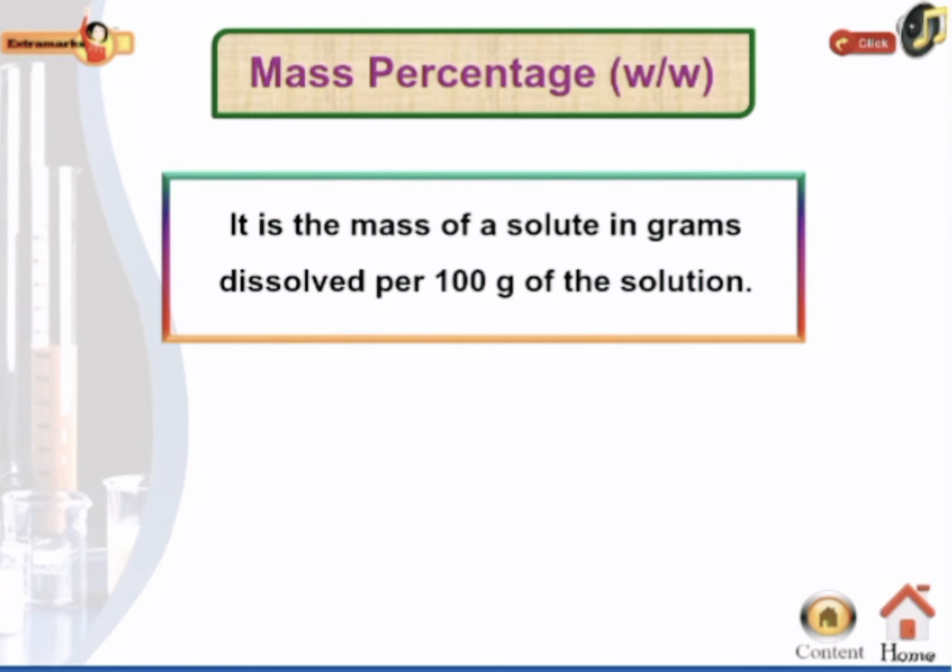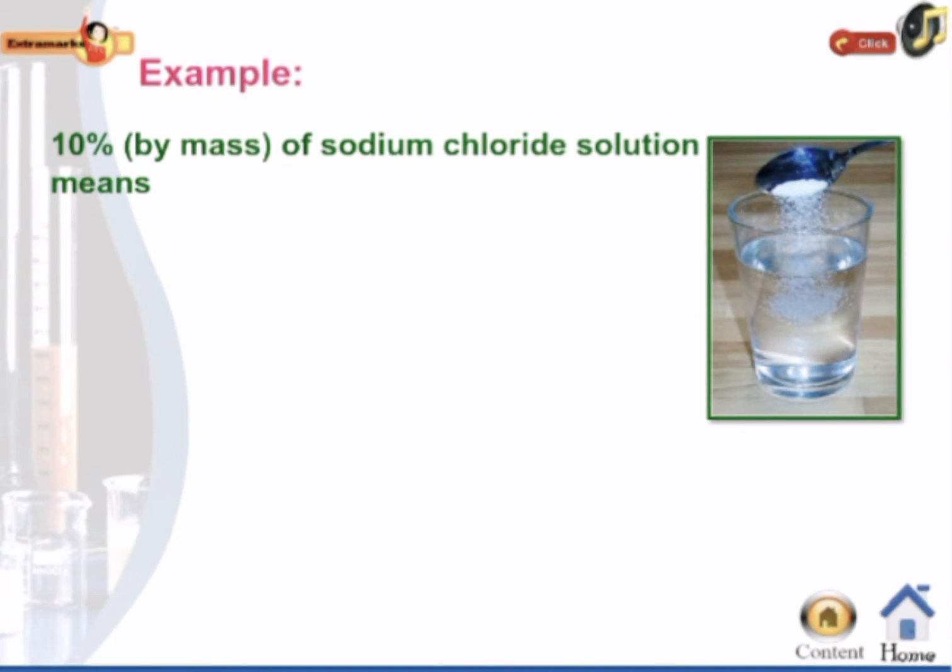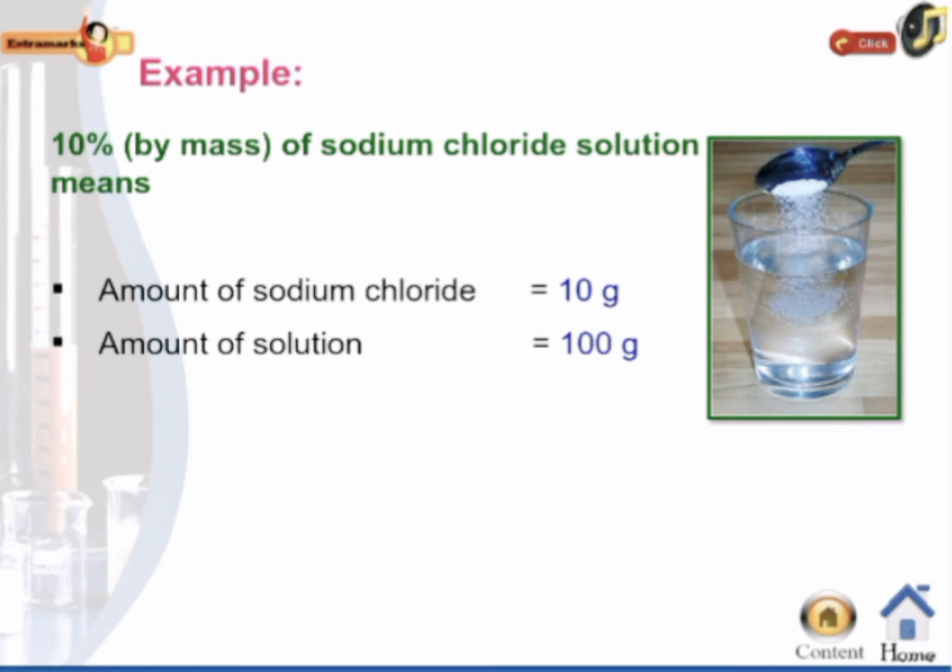Mass percentage is the mass of a solute in grams dissolved per 100 grams of the solution. Consider the following example. 10% by mass of sodium chloride solution means amount of sodium chloride is equal to 10 grams and the amount of solution is equal to 100 grams.